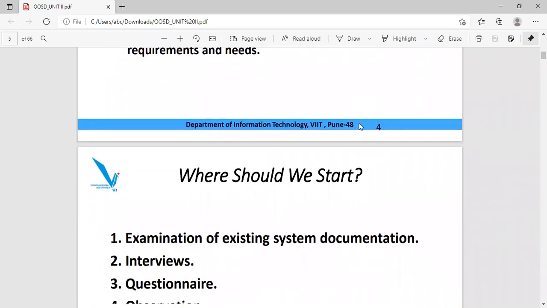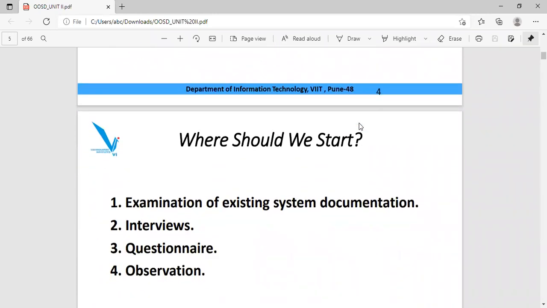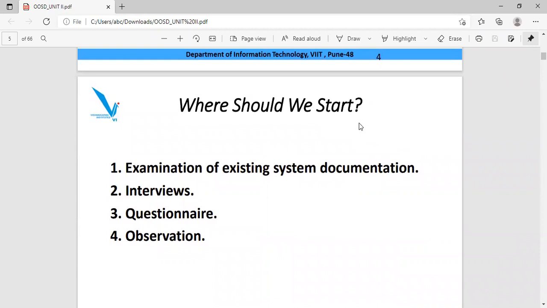So where do we have to start, or what exactly do we want to do for this analysis? We have to answer this question with the help of examination. We are examining our existing system with the help of documentation. Through the SRS, we can understand what exactly the customer needs or what the user wants.